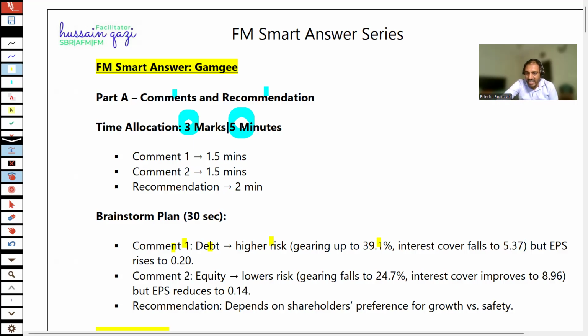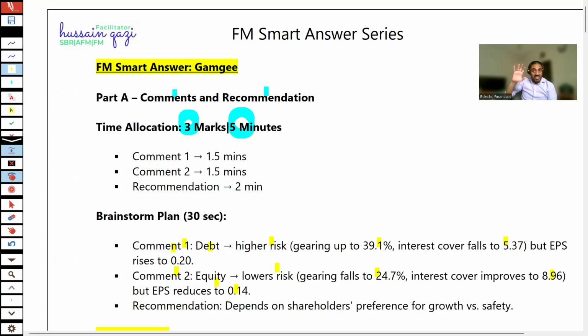Debts: higher risk. Gearing increases, interest cover falls. But EPS also rises. That's something to develop as a mindset. For equity, lower risk. Gearing falls. Interest cover improves. That means financial risk becomes better, but EPS reduces.